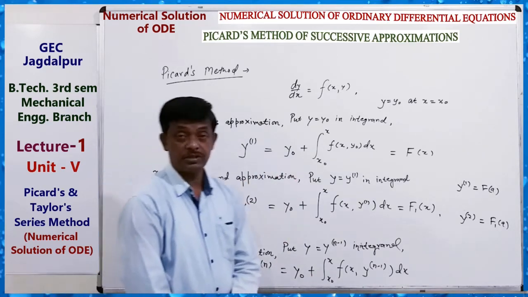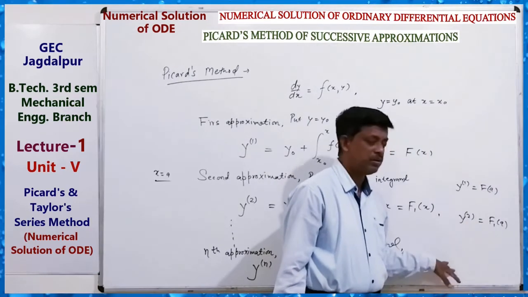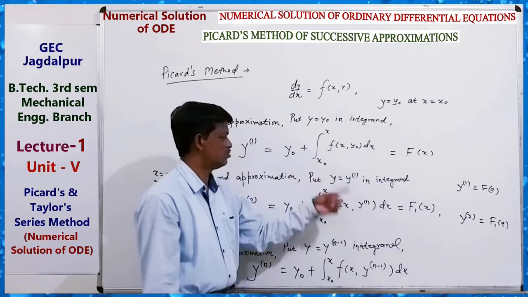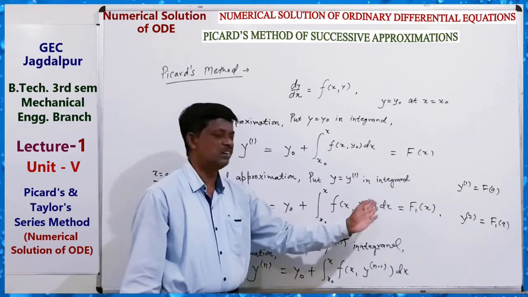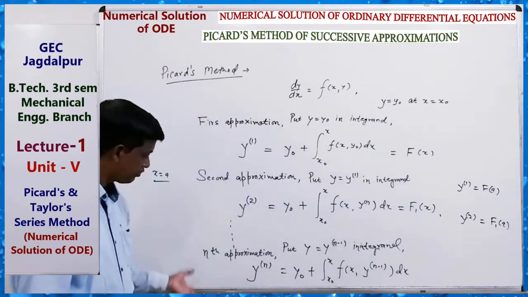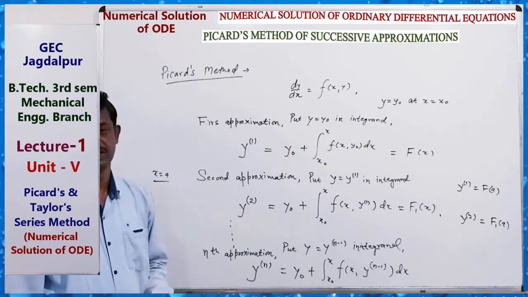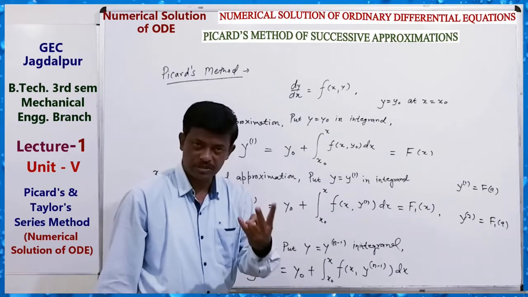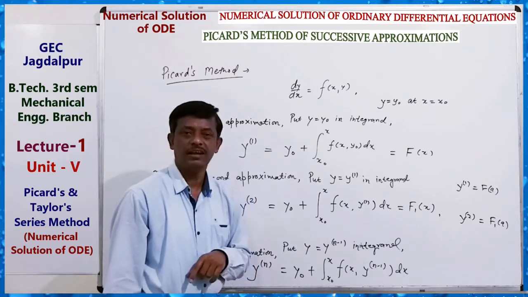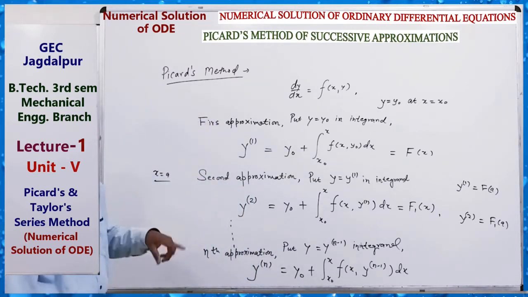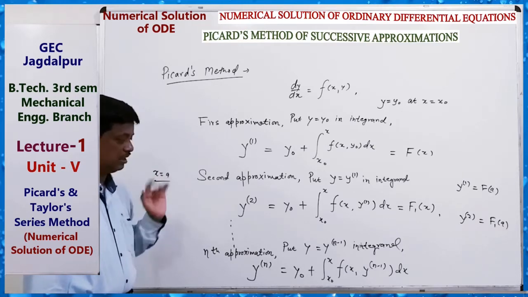Just get the approximations for second, third, fourth, fifth and so on one by one with the same formula. Just replace y in that formula by the previous approximation and do the integration, and you get successive approximations. When two approximations give nearly the same value, that will be the required value of y for a particular value of x.